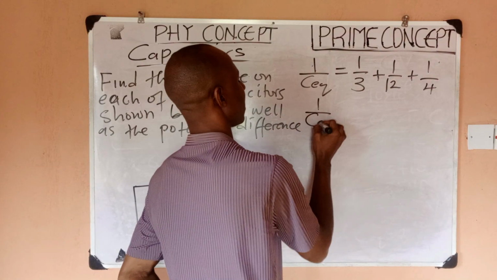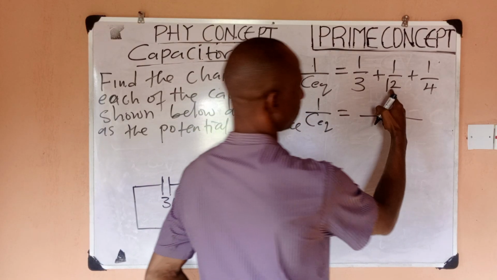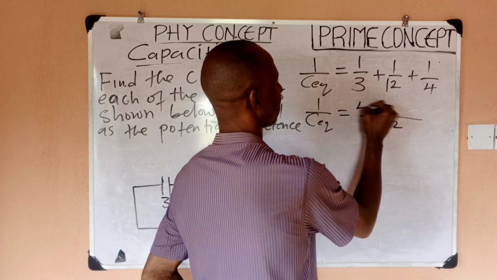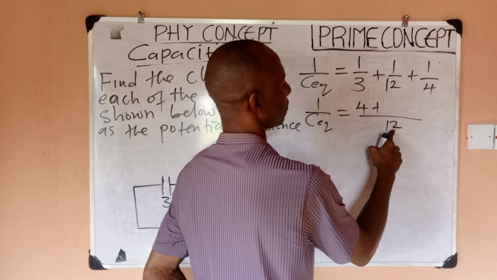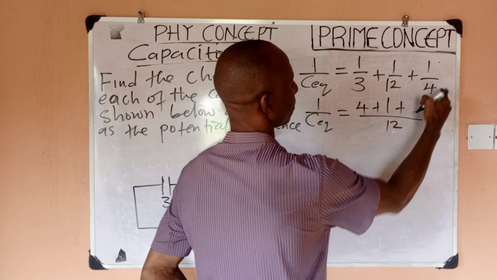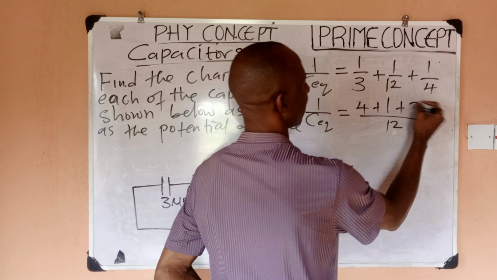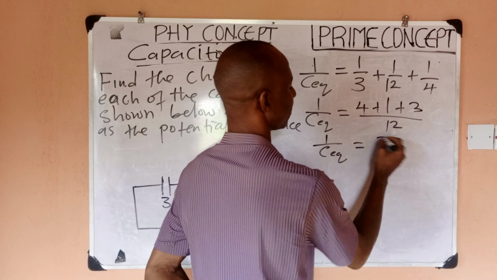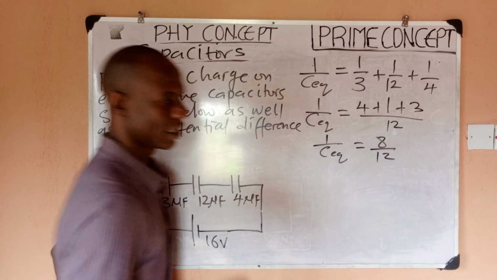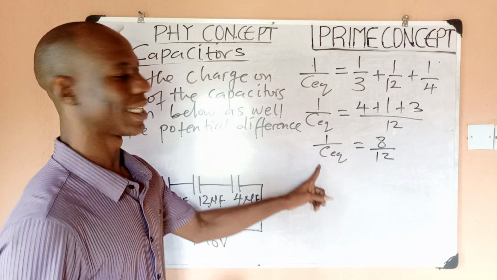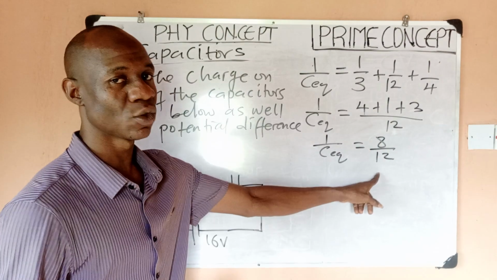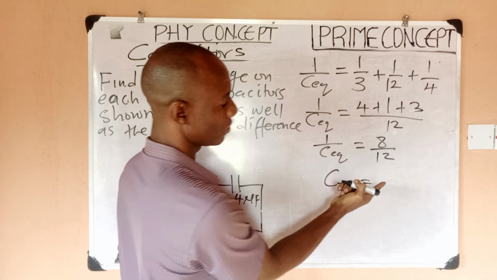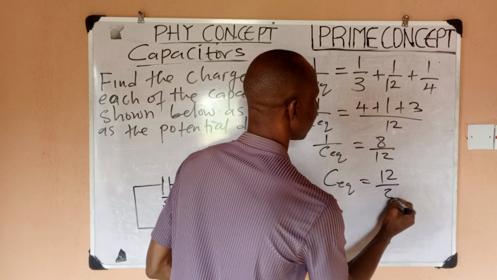My equivalent is going to be the LCM, which is 12. 3 in 12 is 4, 4 times 1 is 4, plus 1, plus 12 in 12 is 1, 1 times 1 is 1, 4 in 12 is 3, 3 times 1 is 3. So my equivalent is going to simply be 8 divided by 12. Now, since I have 1 over C equivalent equals 8 divided by 12, it simply means that my C equivalent is going to be the inverse, which is 12 divided by 8.